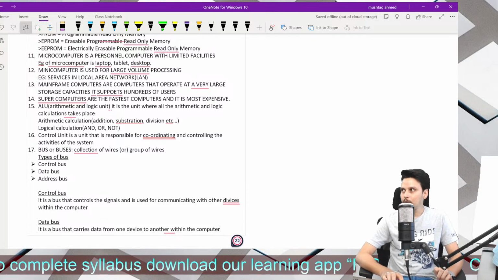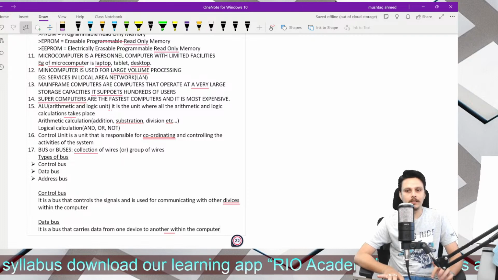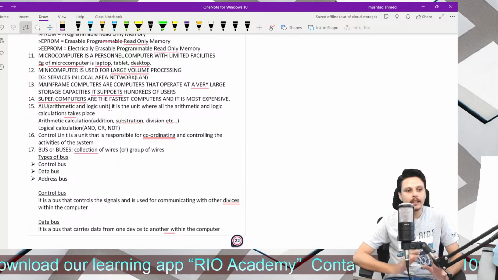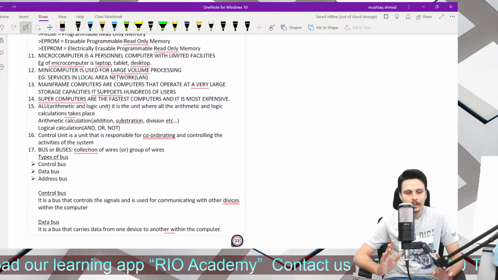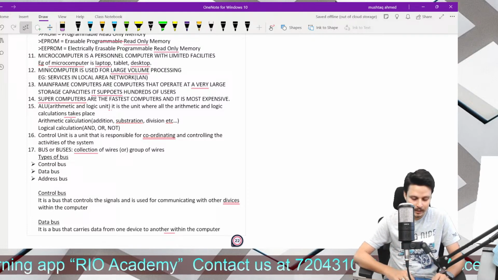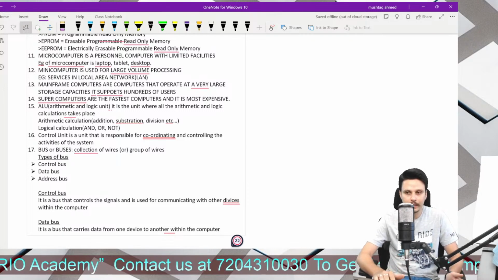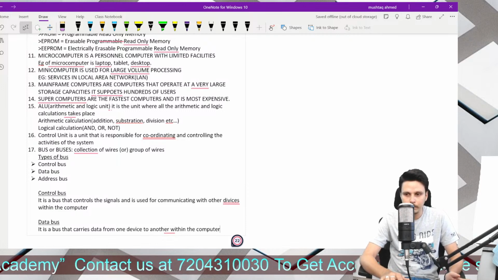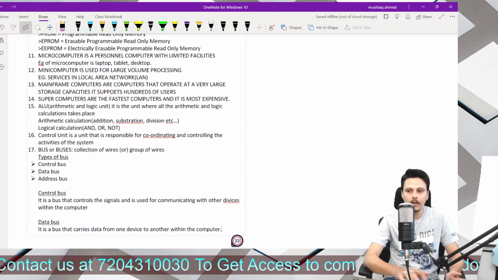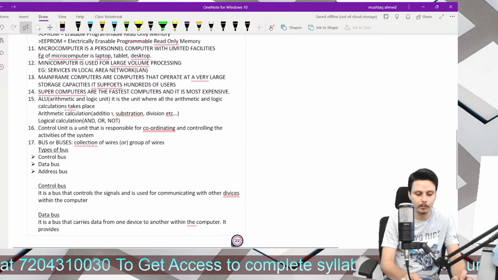As you all know, bus is a collection of wires or a group of wires. What do you mean by data bus? Data bus is a bus that carries the data from one device to another device. It means transportation of data, and that device should be within the system. It provides transportation of the data.